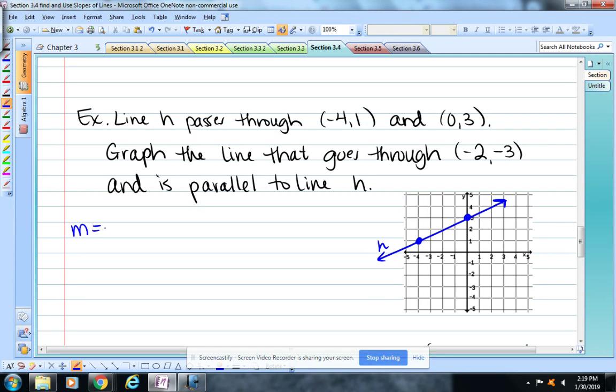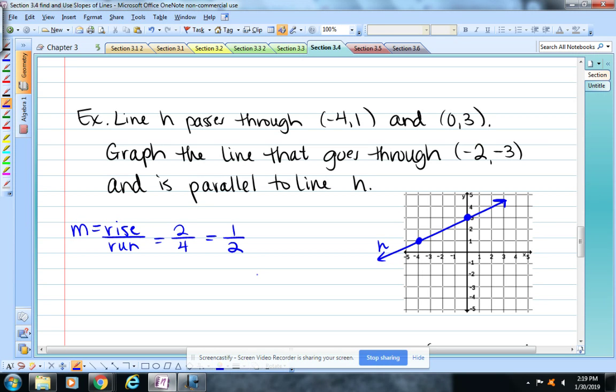It's going up. So my rise should be positive. Okay? So I start at this point because it's on the left, and I go up how many times? And I go to the right how many times? 4. So rise over run, I get 2 over 4. Y'all with me? Can we simplify that? What does 2 over 4 reduce to? A half.